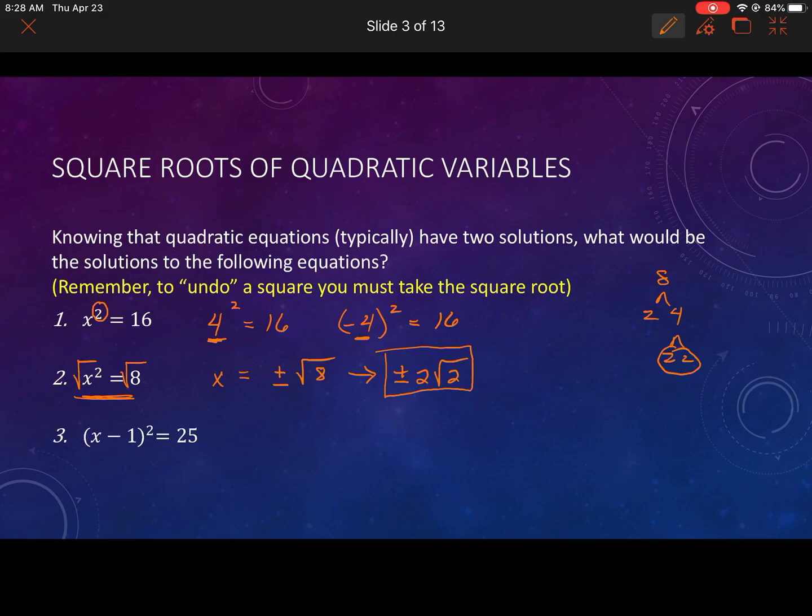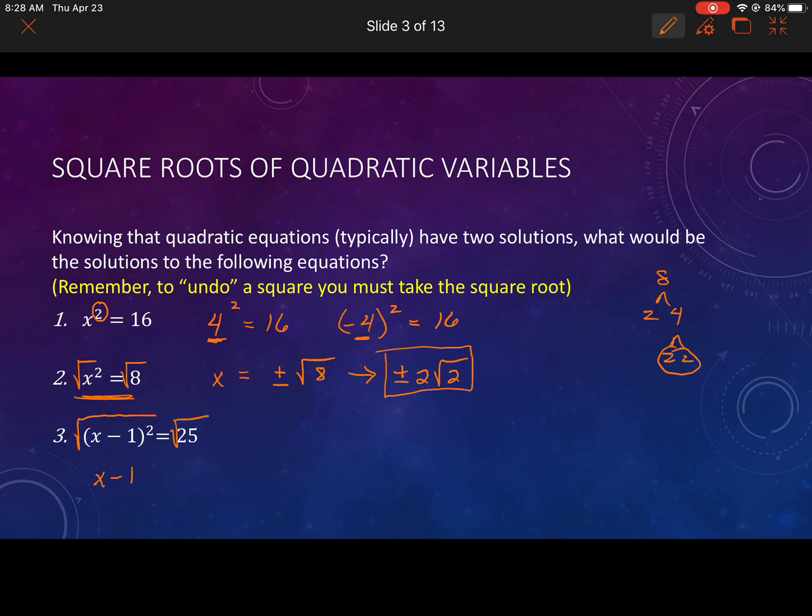So let's take it one more step forward, which now looks like the equations we just solved that were factorable. I have an x minus 1 squared, so now I have a quantity squared. And we're still going to handle it the same way. I'm still going to take the square root of that to undo the square.